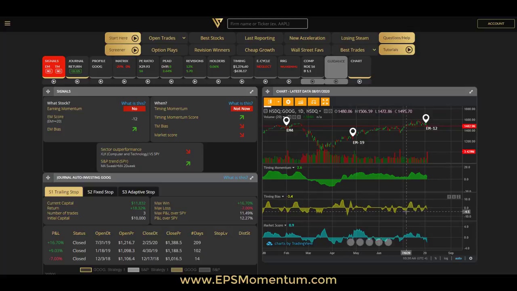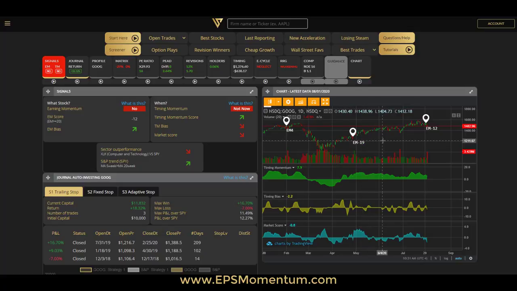If the green changes course, like so here, drops and then goes back up, the timing bias will actually signal it before it moves. So that's key. And what the computer is looking for is, it would buy only if the blue, yellow, and green are above 0, and the EM is greater than 20, right?